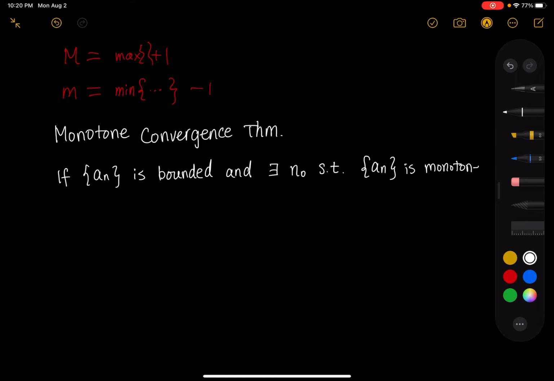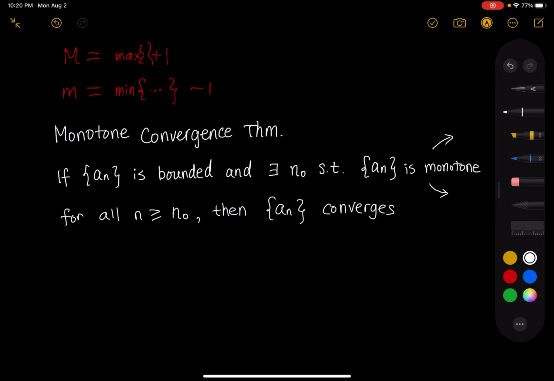What is monotone? It means it keeps increasing, or it keeps decreasing. It cannot decrease and then increase and then decrease.